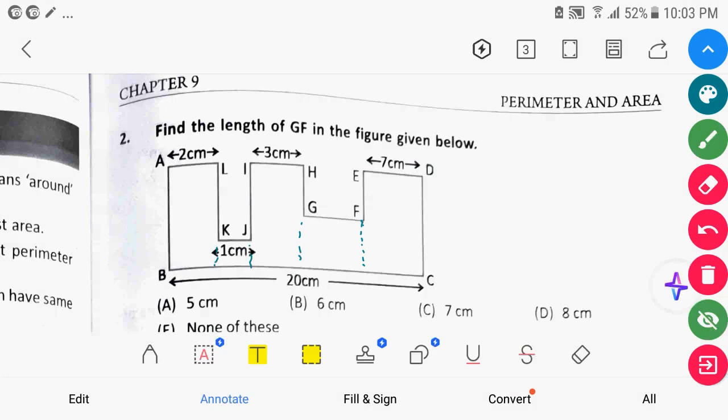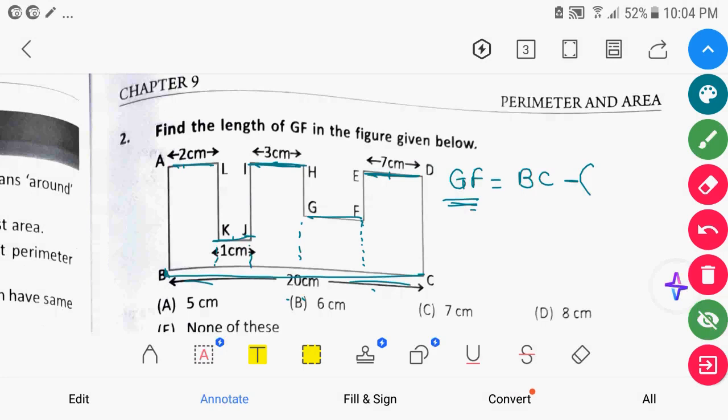You can see this whole length BC is 20 centimeters. So the length of GF is equal to BC minus, in brackets, the length of ED, which will be subtracted from this 20 so that we can get this length. Also this length is subtracted from this 20, this length is also subtracted, and this length is also subtracted. When we subtract all these 1, 2, 3 and 4 lengths, then we'll get the length of GF.